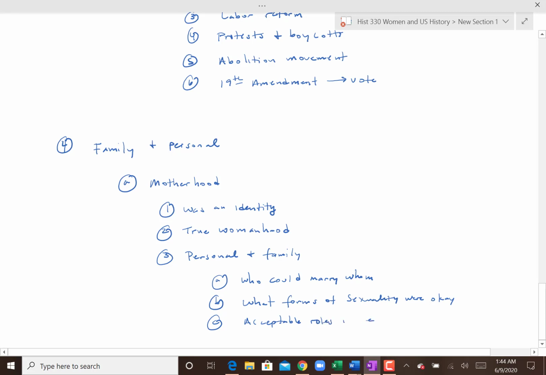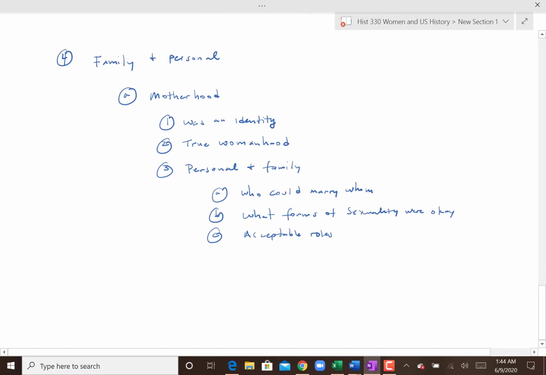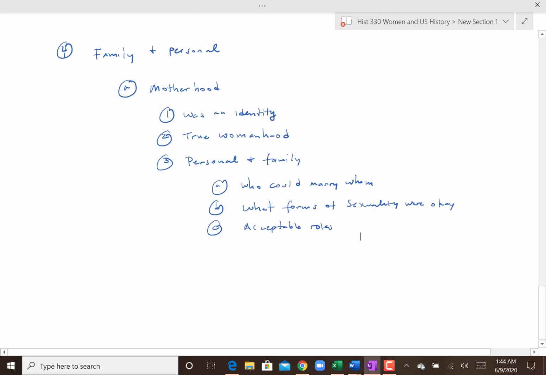We'll just make that assumption here. I won't write that again. So acceptable roles of a woman, who should care for children, right? All of these things became specifically intense topics of public and political debate.